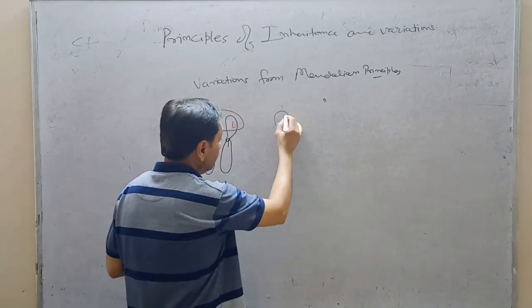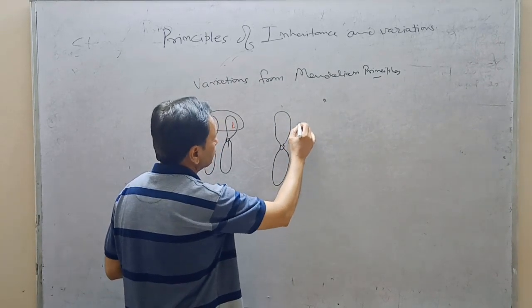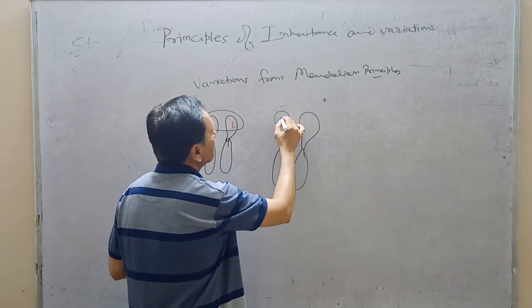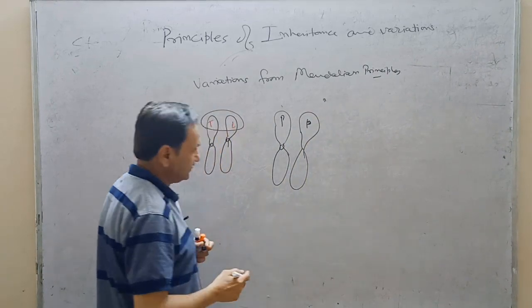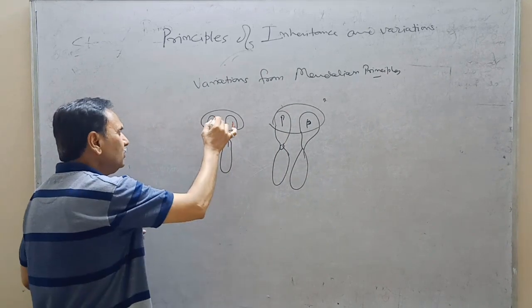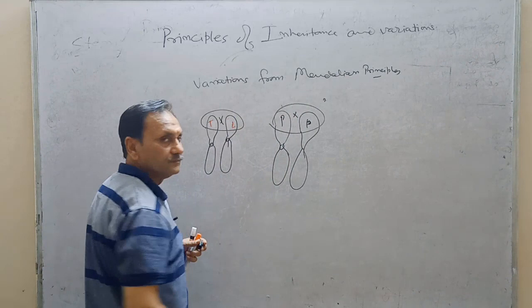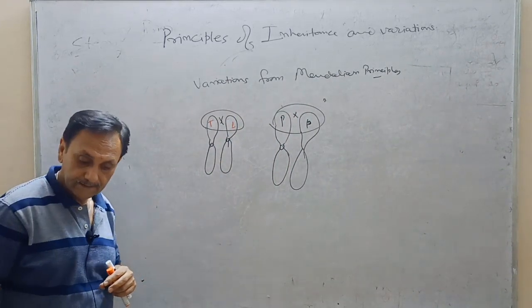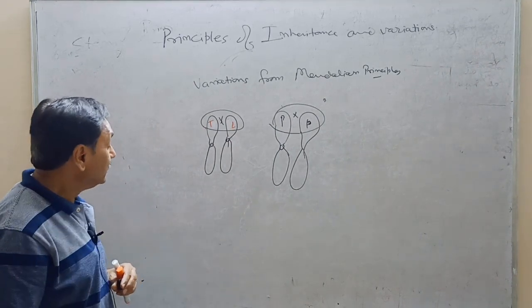Another, suppose this one, having P, that is purple, and white. If the cross is between these two, it is called an intragenic cross.